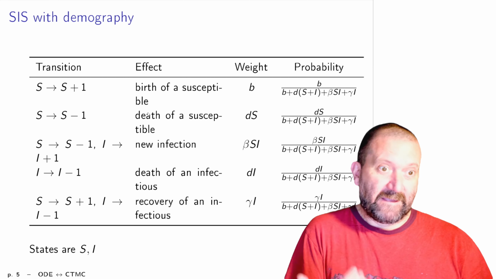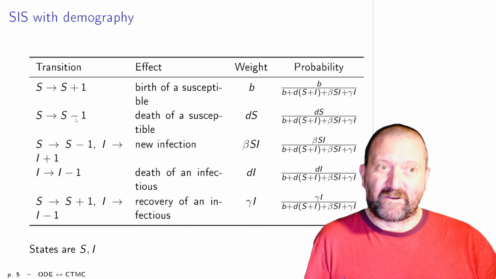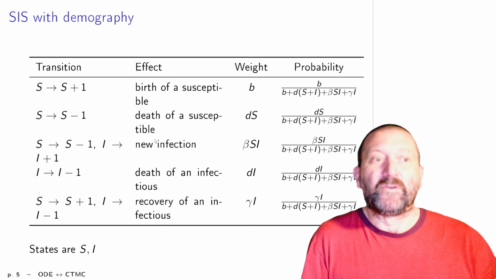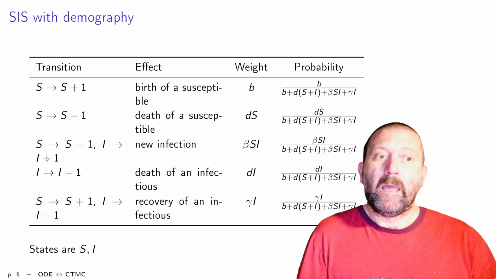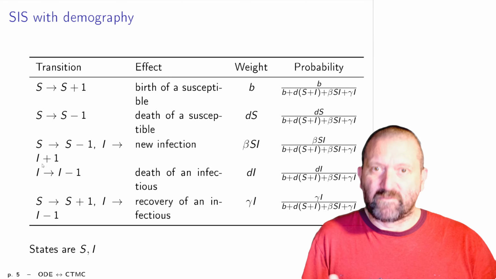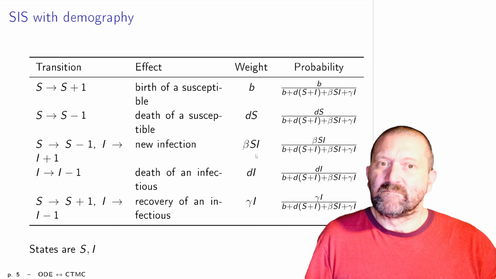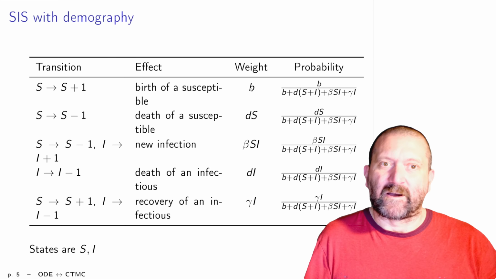If I have death of a susceptible individual, that population is decreasing by 1. The new infection we've already seen, but we can also lose infectious individuals by death. Those are the rates that I've added.